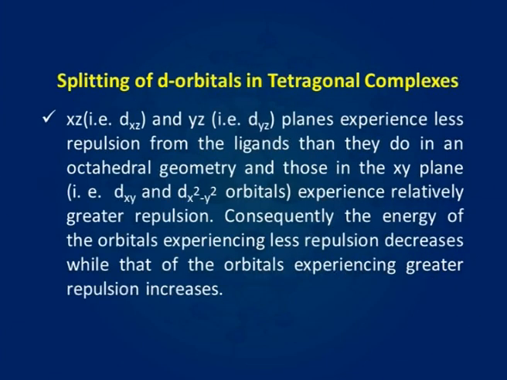The orbitals in the xz plane, that is the dxz orbital, and the yz plane, that is the dyz orbital, experience less repulsion from the ligands than they do in an octahedral geometry, and those in the xy plane, that is dxy and dx square minus y square orbitals, experience relatively greater repulsion. Consequently, the energy of the orbitals experiencing less repulsion decreases, while that of the orbitals experiencing greater repulsion increases.